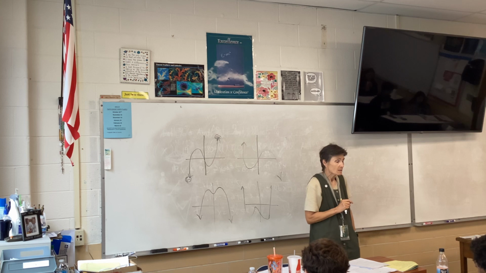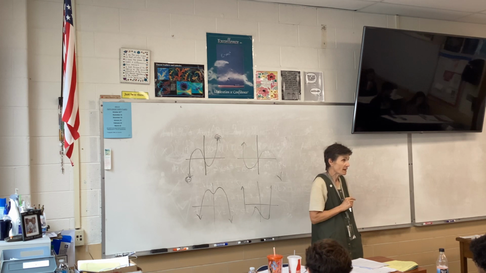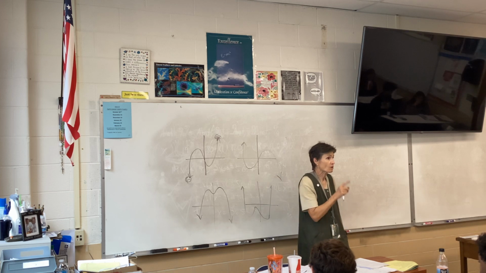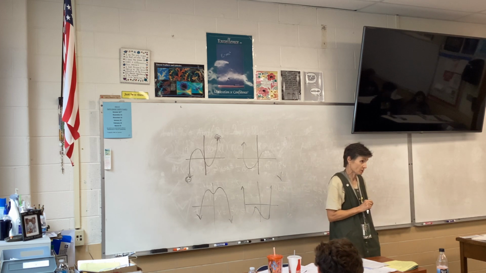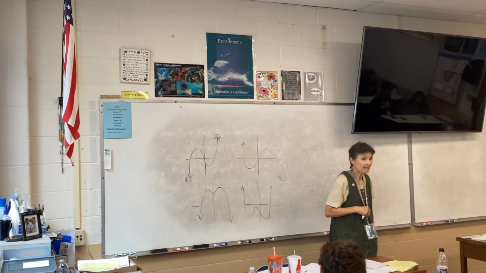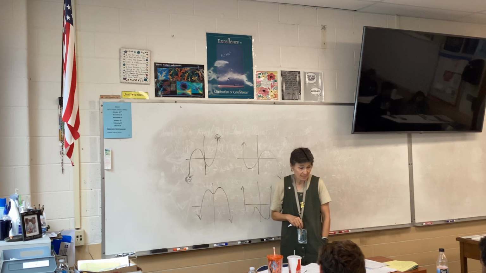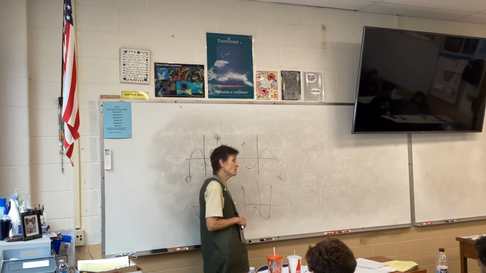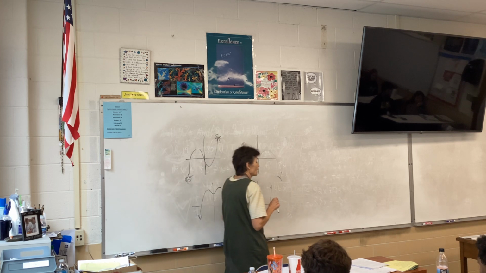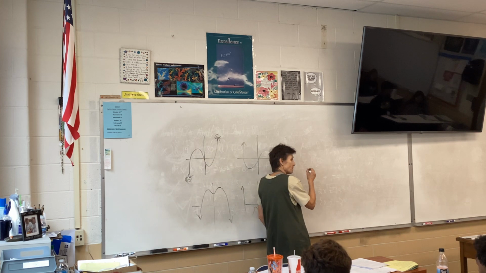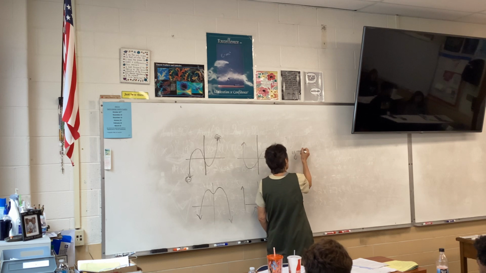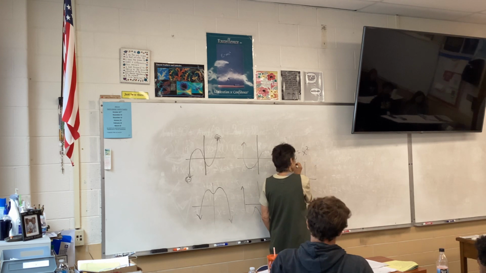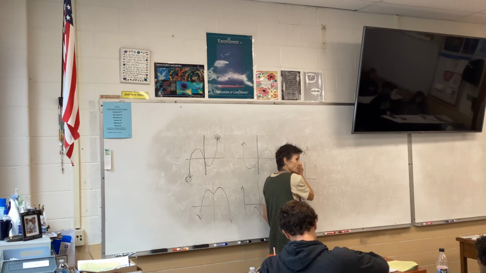Now, these are very different end behaviors because for the first two, they are starting and ending in opposite directions. For the second two, they are starting and ending in the same direction. When you think about your squaring function, doesn't it start and end in the same direction?